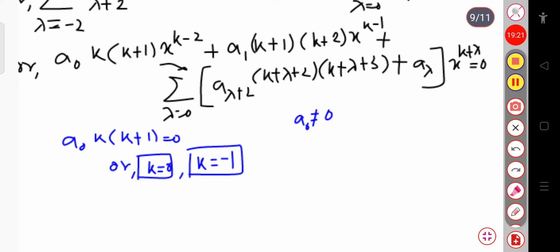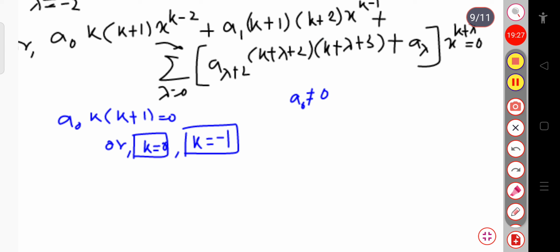Okay, now for the second term, we will again put the value. So now you can see the coefficient of x again goes to 0. Now in the next step I will write a1 into k plus 1 into k plus 2 equal to 0. Okay, this is the coefficient of x power k minus 1, again goes to 0.